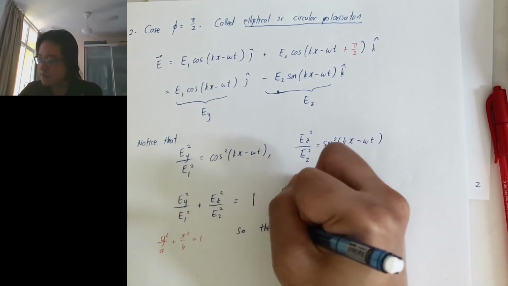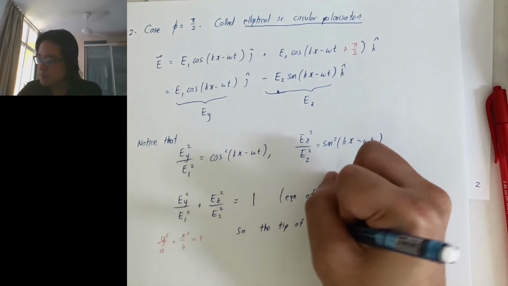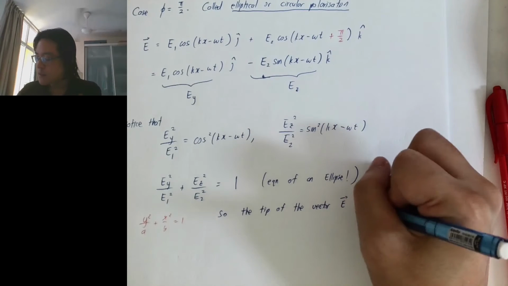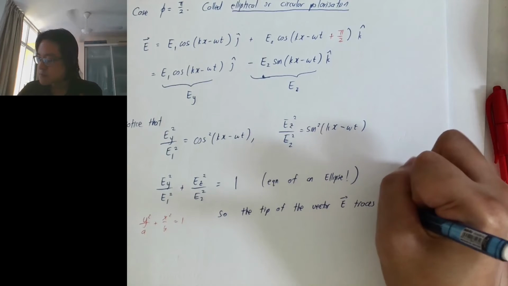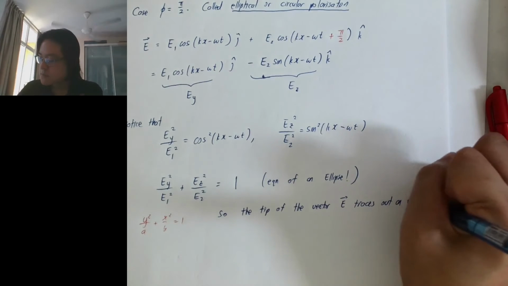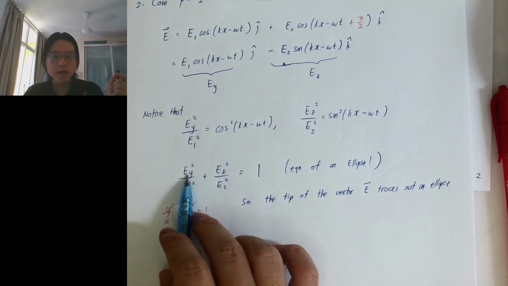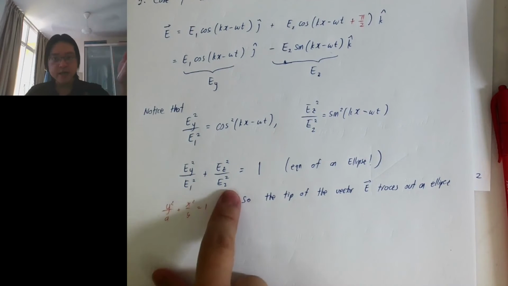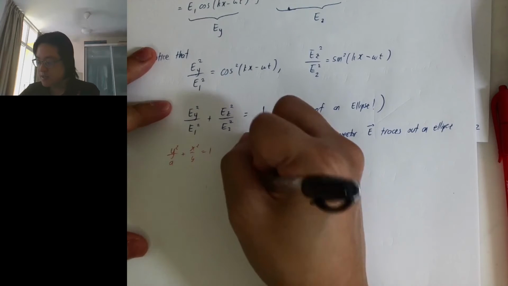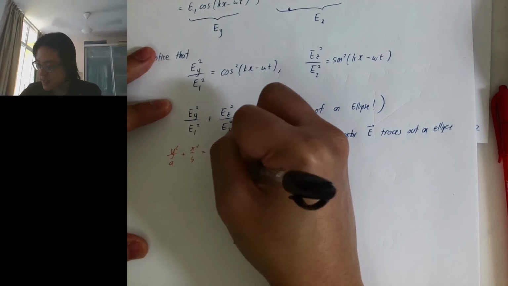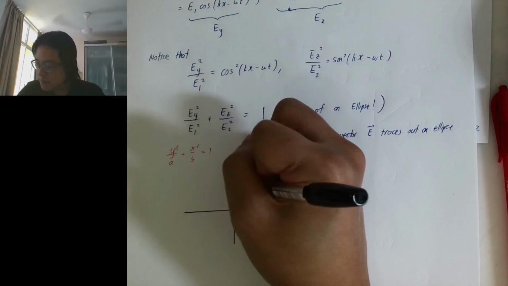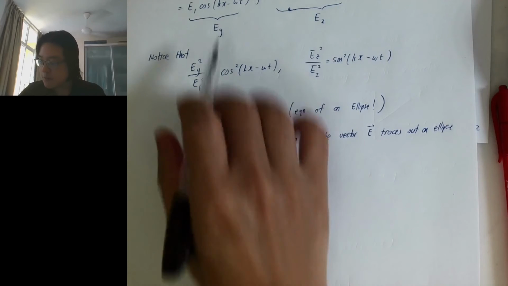So the tip of the vector E traces out an ellipse. Because the y component and the z component of the vector are always on the coordinates of the ellipse. So if I draw it here, it's going to look something like this. Okay, so my y-axis is here, my z-axis is here. So let me put this as the maximum E1 amplitude.